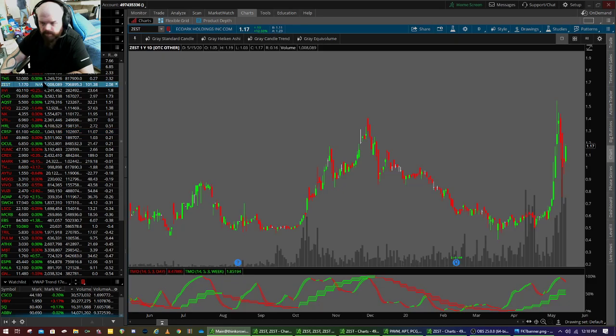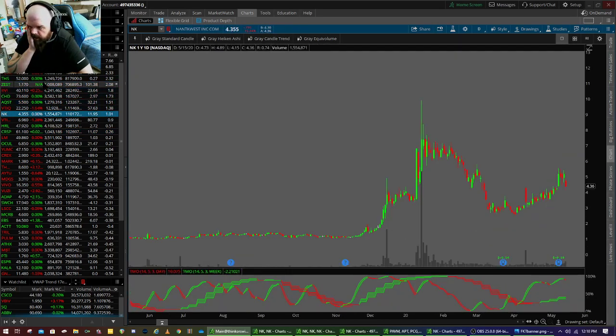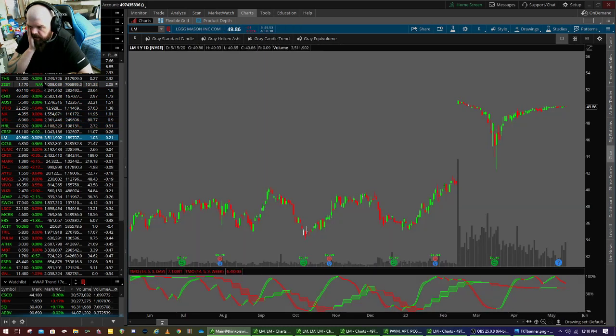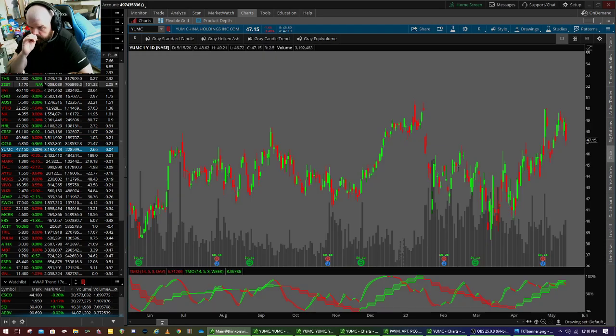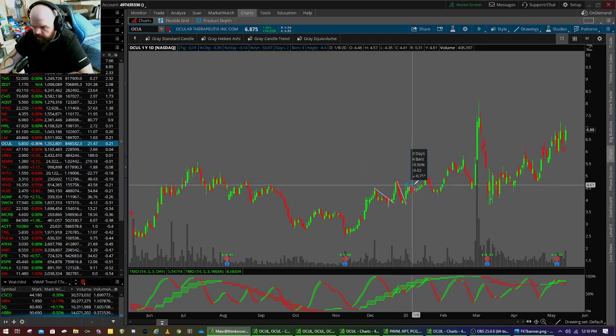I'm trying to find like a long-term uptrending chart here. I mean, even something like this. Do you see any 38 traps? Yeah. Look at this. 1, 2. You have a flag breakout here at that level.